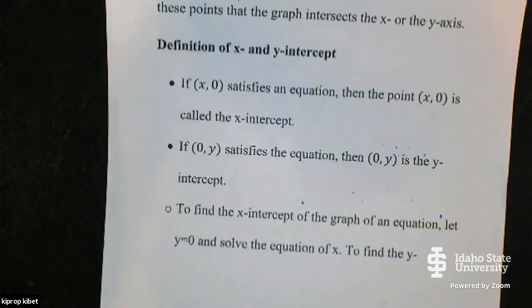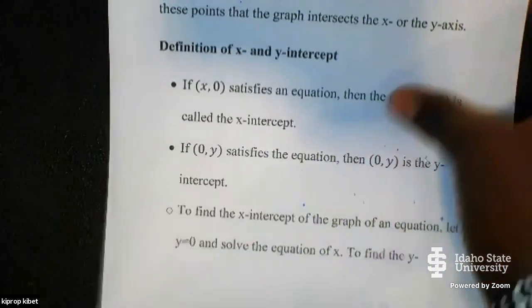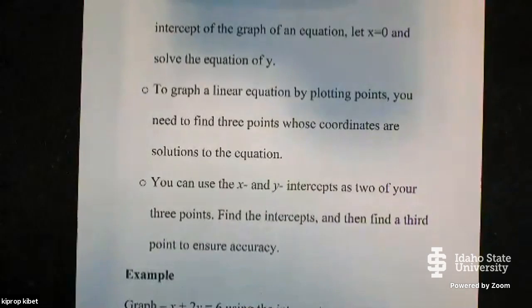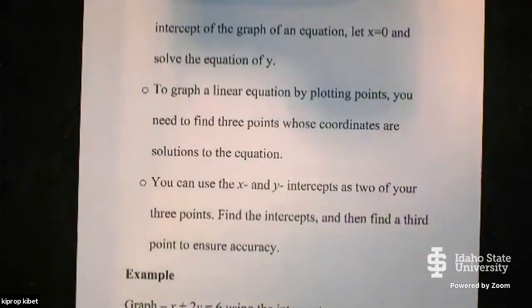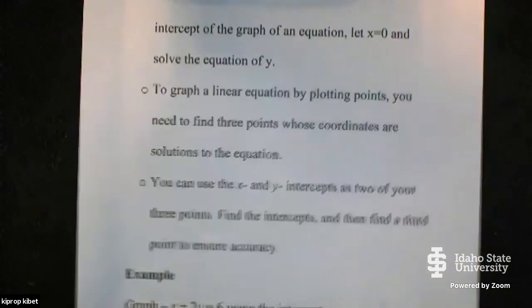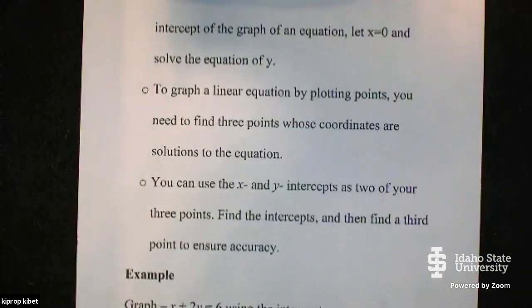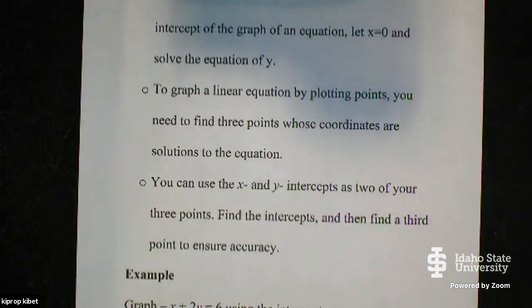Then to find the y-intercept of the equation, you let x be equal to 0. And then you solve for the values of x and y respectively. So to graph a linear equation by plotting points, you need to find 3 points whose coordinates are solutions to the equation.